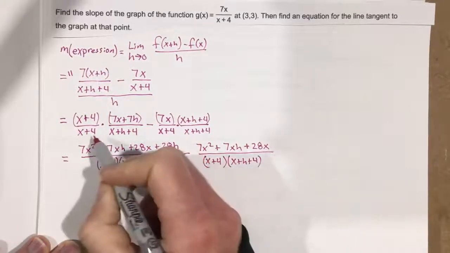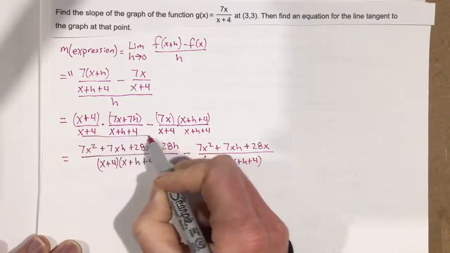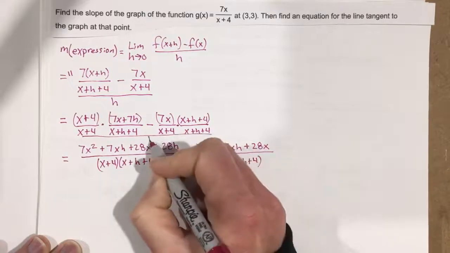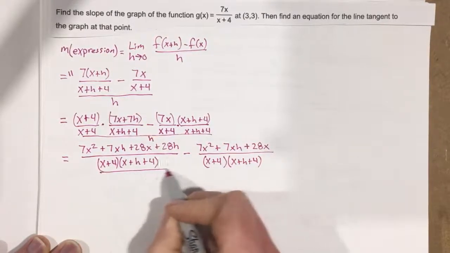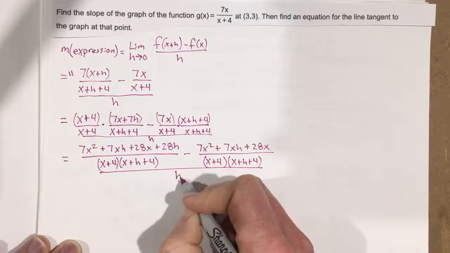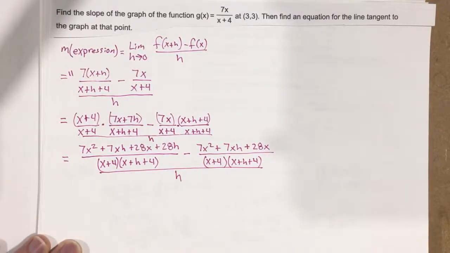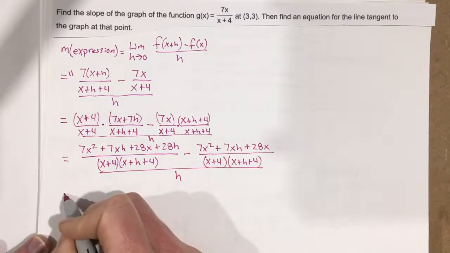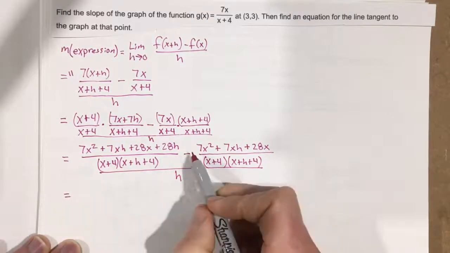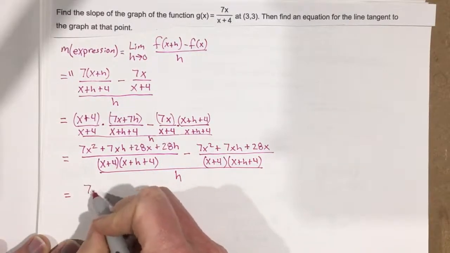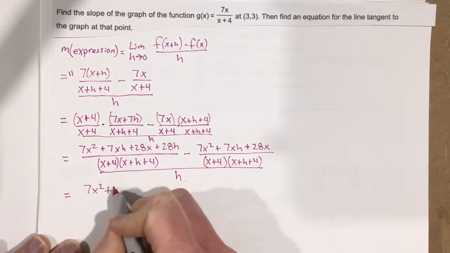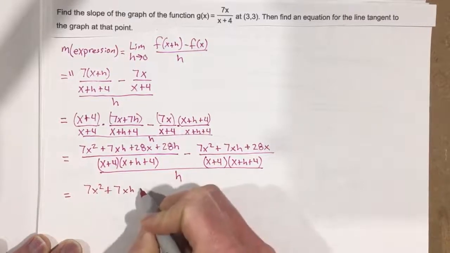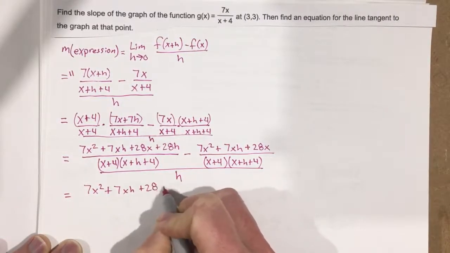I did forget one thing in this other step. I should have had this all divided by h, and this should all be divided by h, because remember our goal is to cancel that h out. Let's distribute on top. So we end up with 7x squared plus 7xh plus 28x.